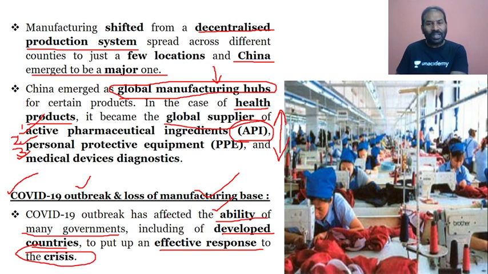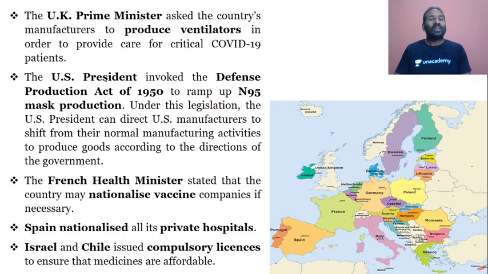Now the developed countries are looking at China and India for various medical device equipment and diagnostic kits, and also for hydroxychloroquine, the anti-malarial drug from India, or pharmaceutical equipment and devices from India and China. So now the developed countries are dependent on, or relying on, developing countries such as China and India.